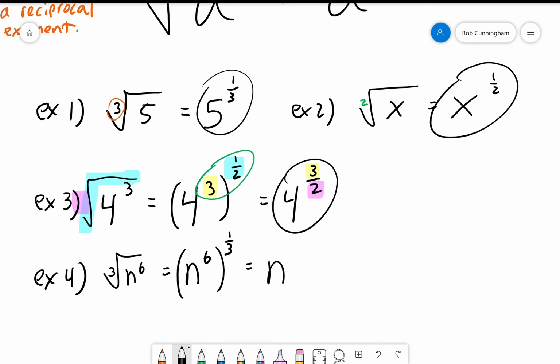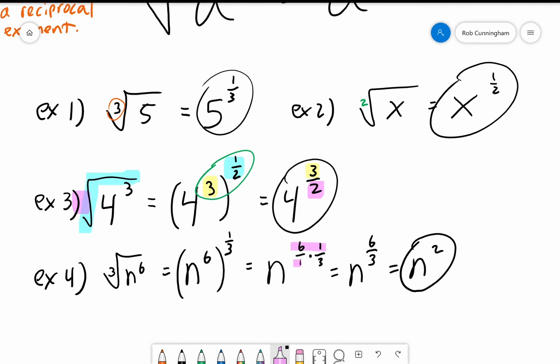Well, that gives us n to the 6/1 times 1/3, n to the 6/3, which is n squared as our answer. Again, don't be afraid of fractions. Multiplying fractions just means multiply straight across the top and straight across the bottom. And 6 divided by 3, well, hopefully you can do that without a calculator.